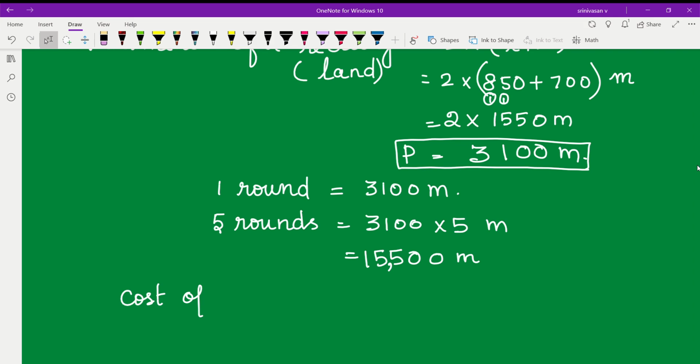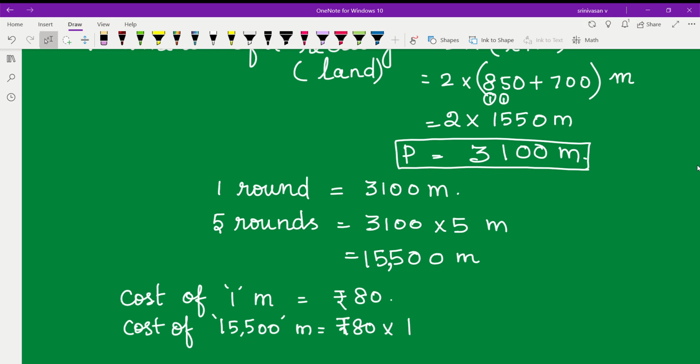Cost of 1 meter equal rupees 80. Now we need to find the cost of 15,500 meter. Just multiply the numbers: rupees 80 and 15,500.